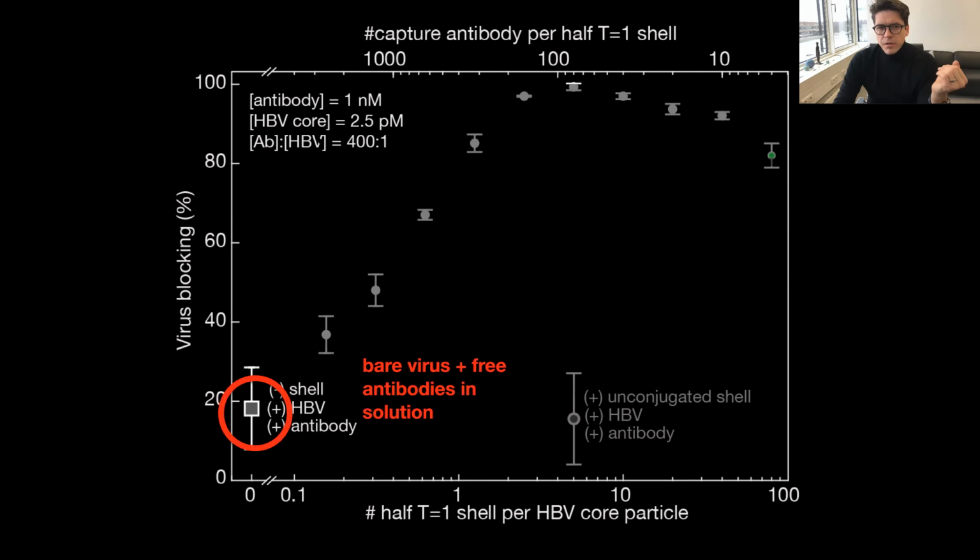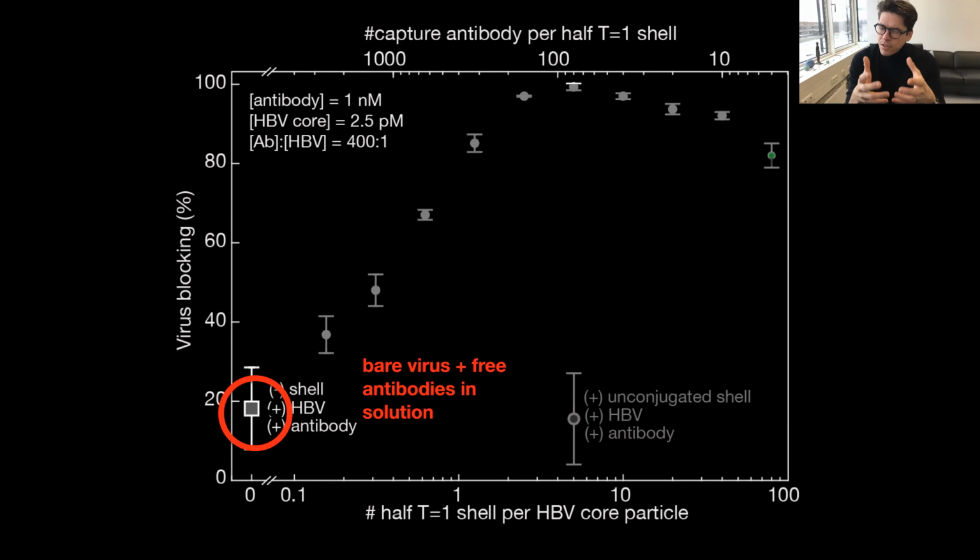Still, even though the antibody is in such big excess over the capsid, you see there's very little blockade going on. Even though the antibodies are known to specifically stick to the capsid, because they can individually bind and unbind, they don't efficiently cover the surface to such an extent that they substantially prevent the virus from interacting with the surface.